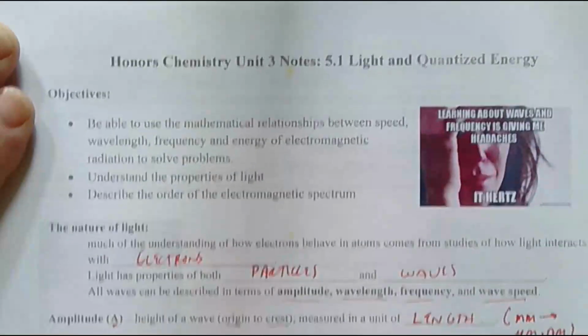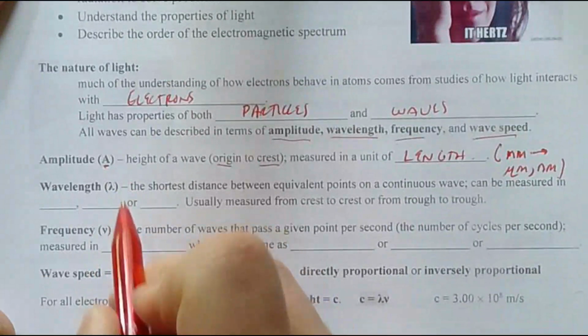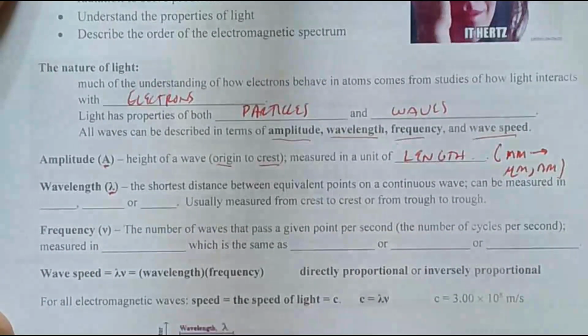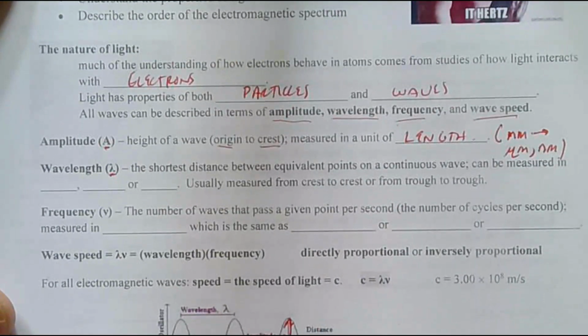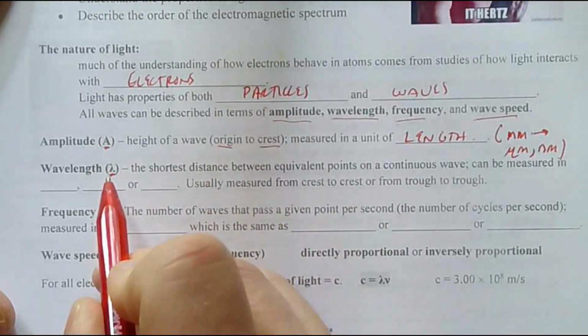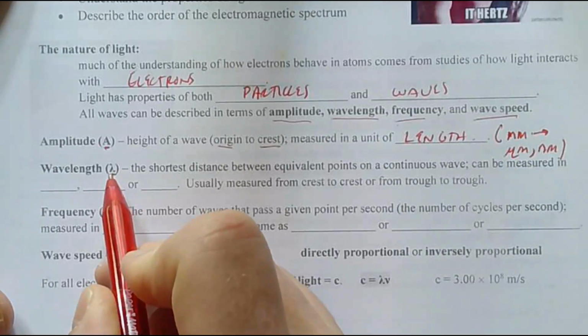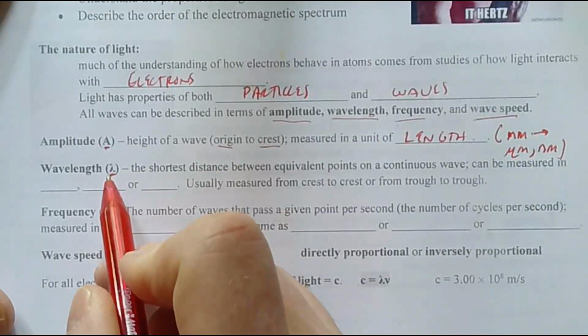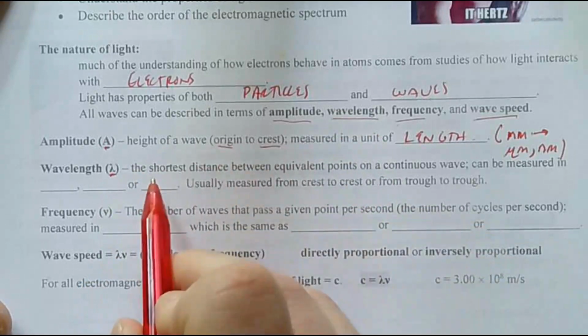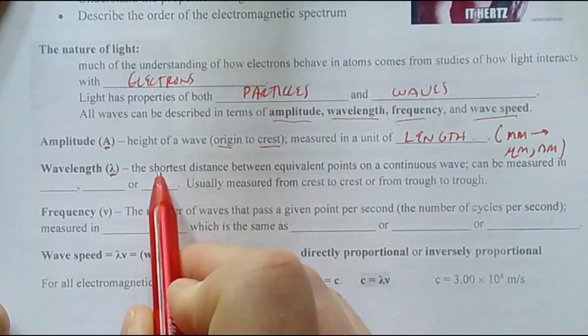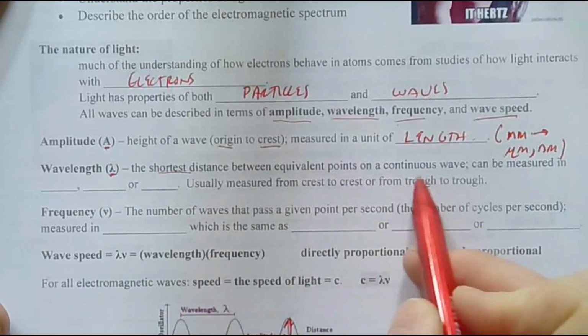Next one we'll look at is wavelength, which is given the symbol that looks like an upside down Y. It is the lowercase Greek lambda. And this is defined as the shortest distance between equivalent points on a continuous wave.